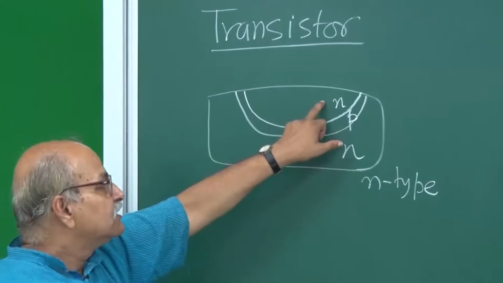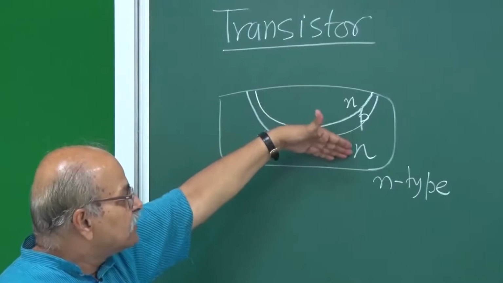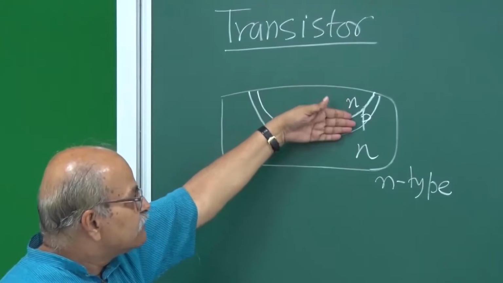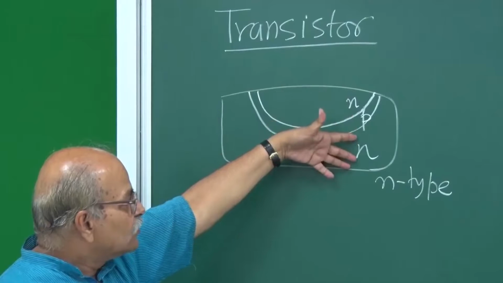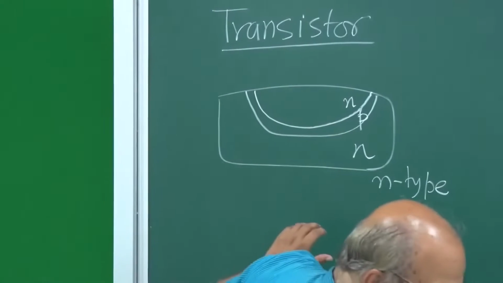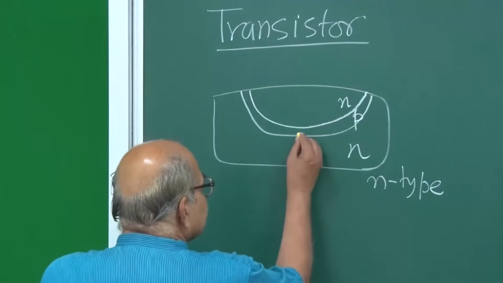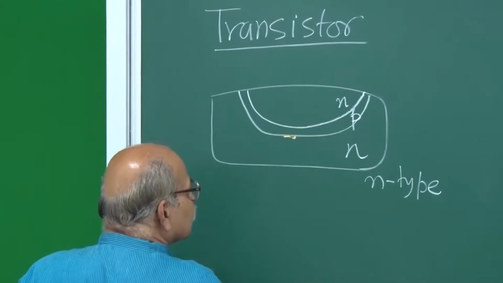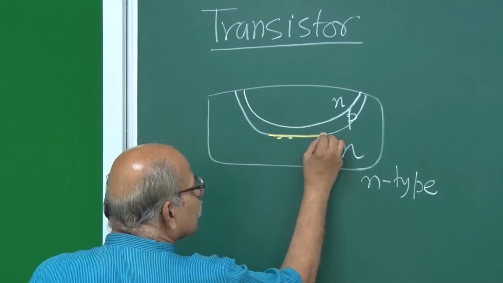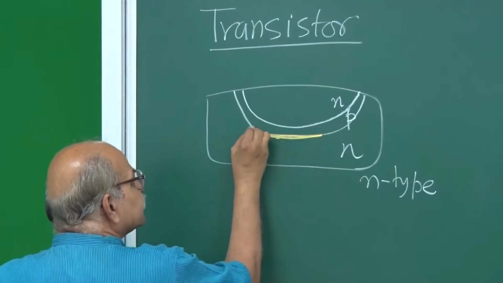Now I have three kinds of impurity distributions: donor impurities here, acceptor impurities here, and again donor impurities here, and here are two junctions. This is one junction.